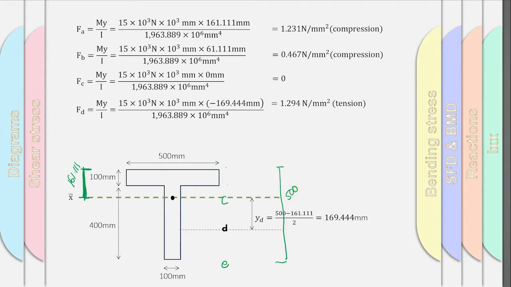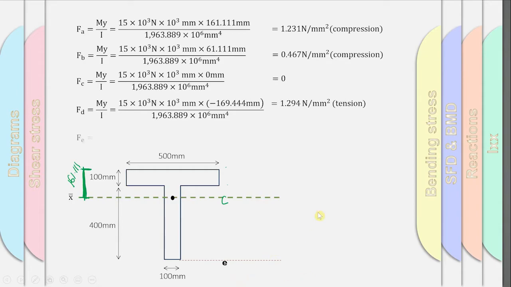You subtract 161.111, so you get the length from here to here. Then divide it equally by 2, and you get 169.44. But because the point is below the centroid, it is negative here, which means when you calculate, you will get it is in tension. That is for point D, and we're going to look at point E.